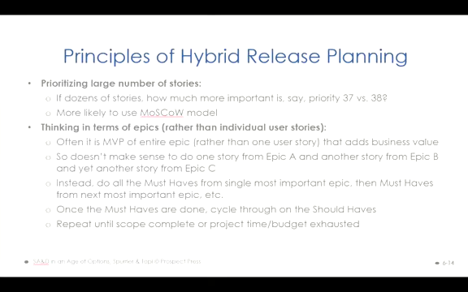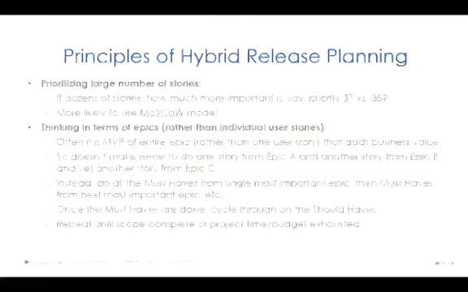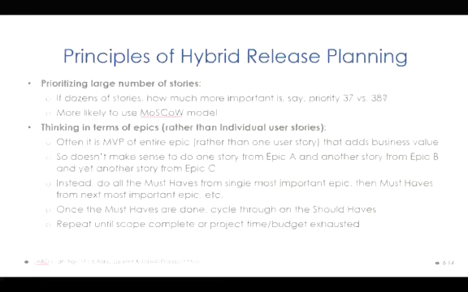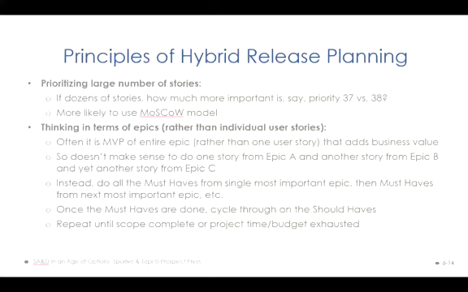The first one is the acronym called MoSCoW. I don't know how to pronounce that correctly, but anyway, Moscow, of course the capital of Russia, and the acronym here stands for something. M stands for must perform, S stands for should perform, and C stands for could perform.